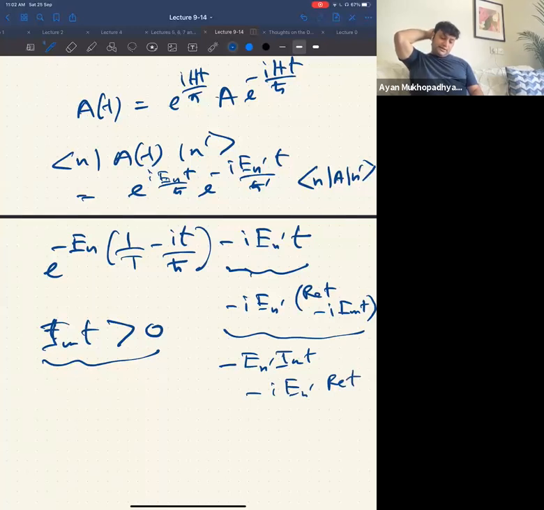Have I done the right thing? Oh, sorry, it's a plus, real t plus i imaginary t. So this is E_n prime imaginary t and minus i E_n prime real t.